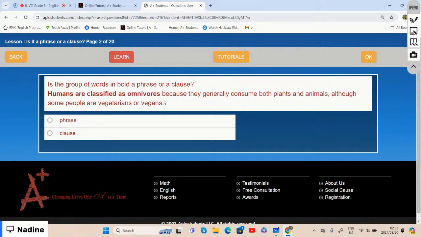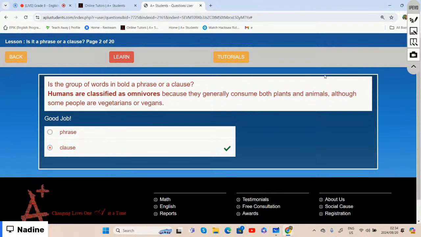All right, and if we were to choose the correct answer, we would say, let's say this is a clause because humans are classified as omnivores, full stop.